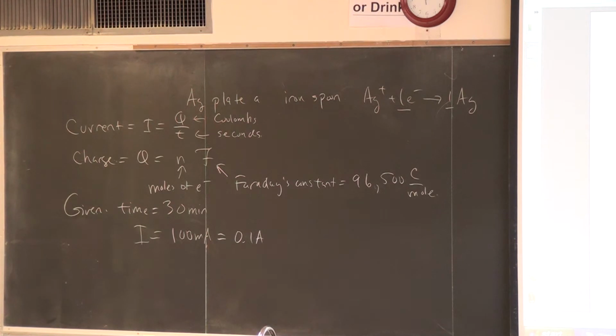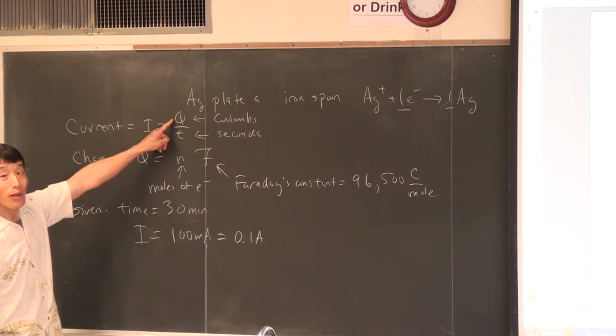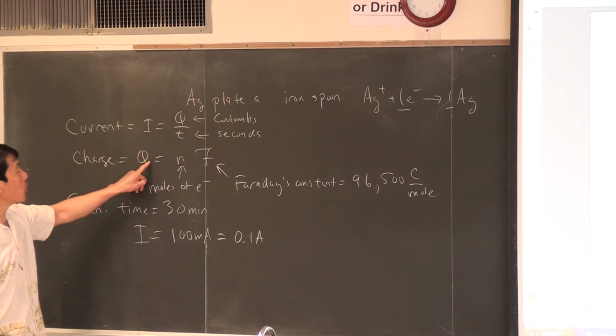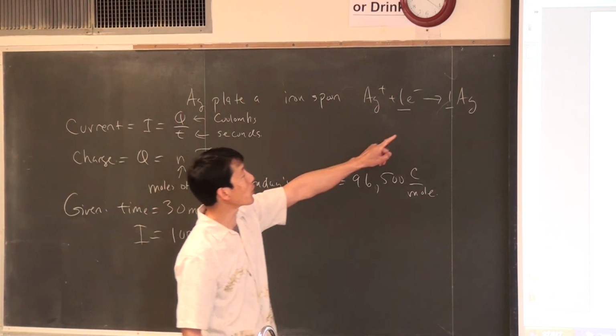Okay, so can you do that calculation? Okay, so again, you know current and time, so you can figure out Q. Once you know Q, you can figure out n. And then once you know n, which is the moles of electrons, you can calculate the moles of silver.